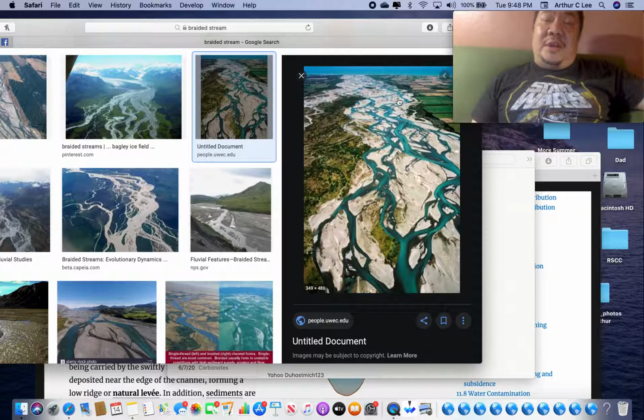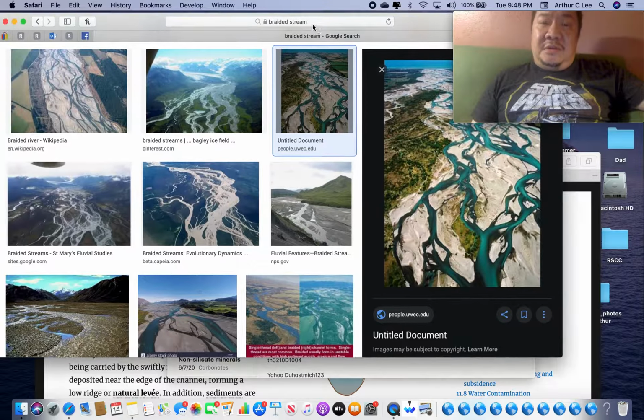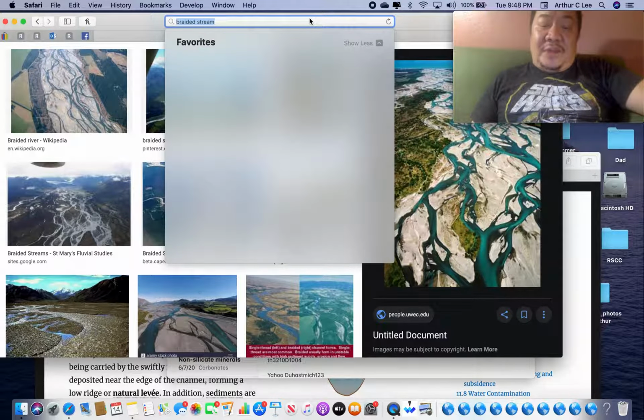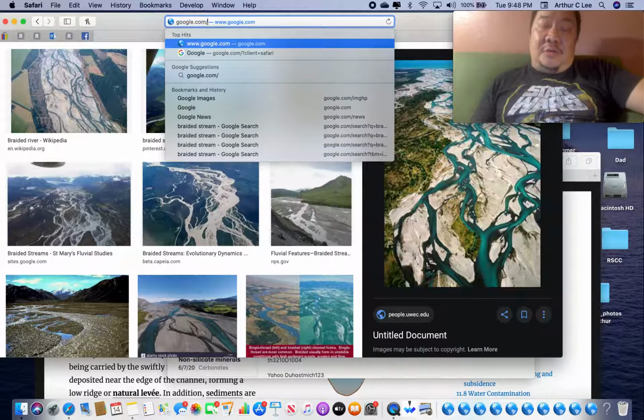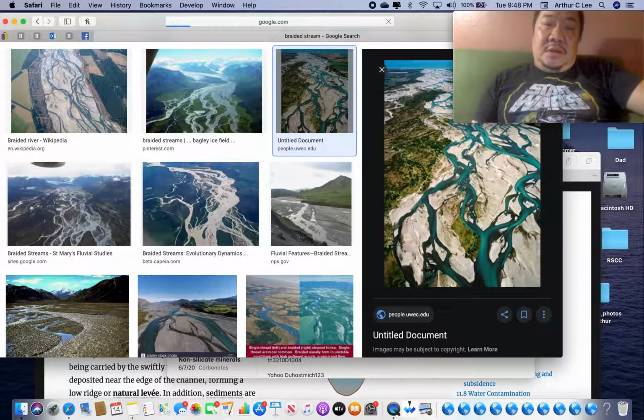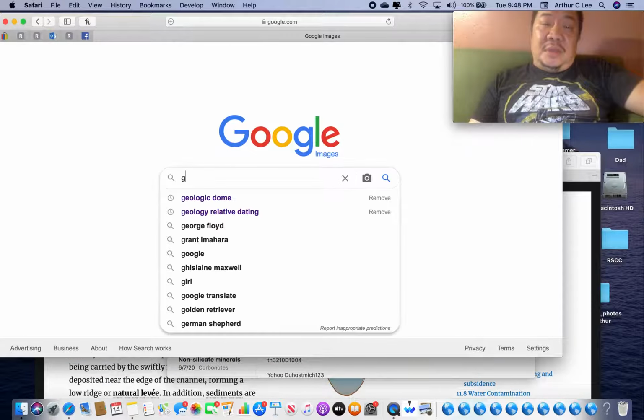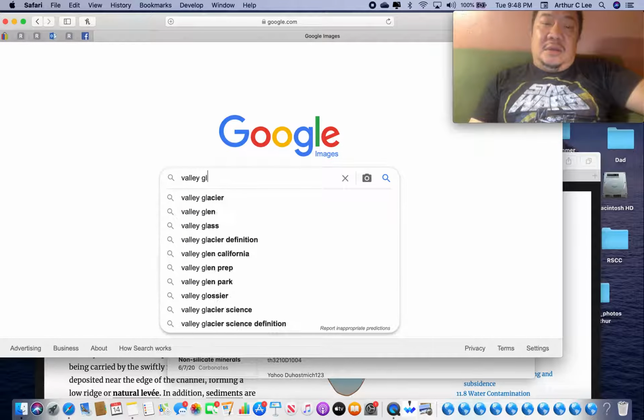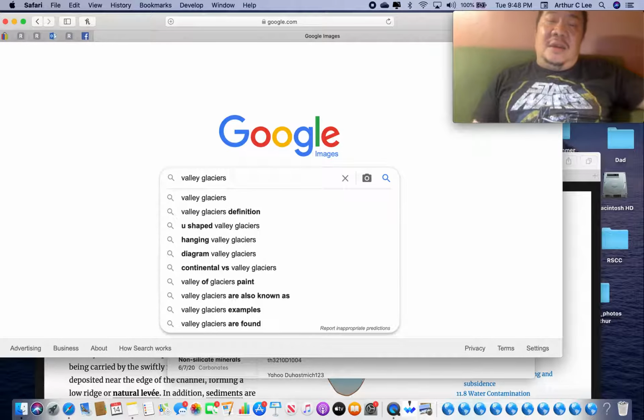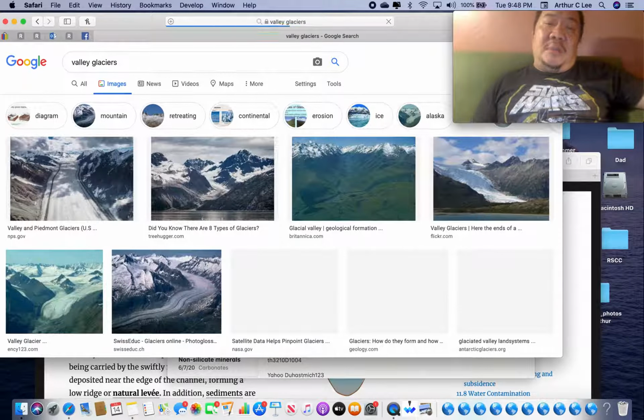Where do you find braided streams? You find braided streams near glaciers and in the desert, places with low vegetation where lots of sand and gravel can be moved. We'll talk about glaciers later on, but let's see what it looks like for our northern neighbor up in Canada, eh?